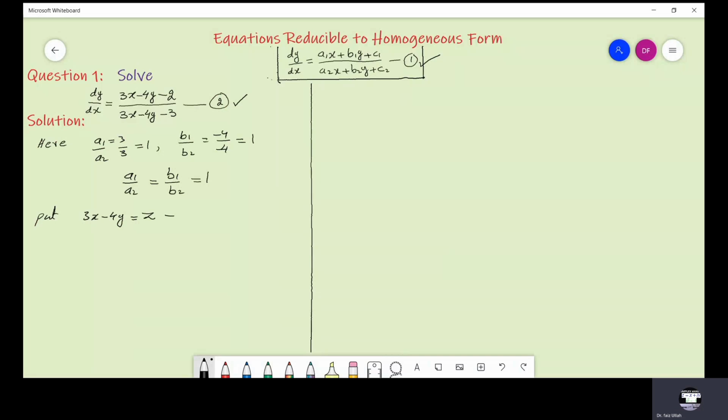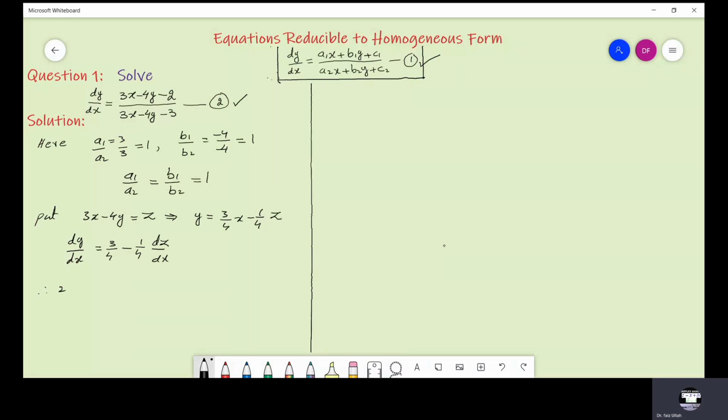So if we simplify this, we can get that y is equal to 3/4 x minus 1/4 z. Differentiating both sides with respect to x, we have dy/dx is equal to 3/4 minus 1/4 dz/dx.